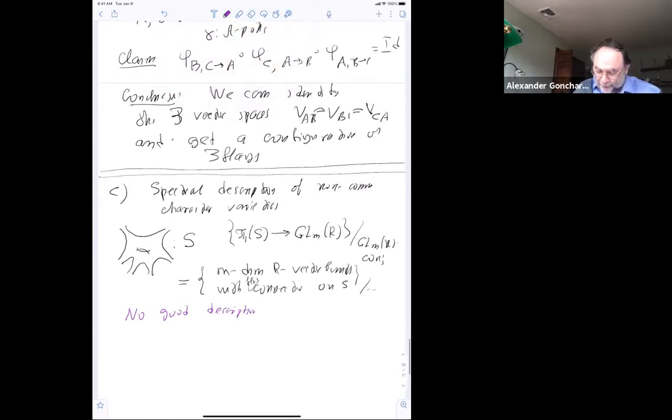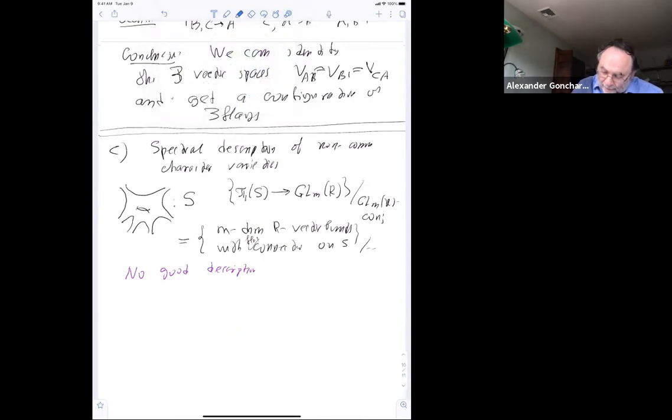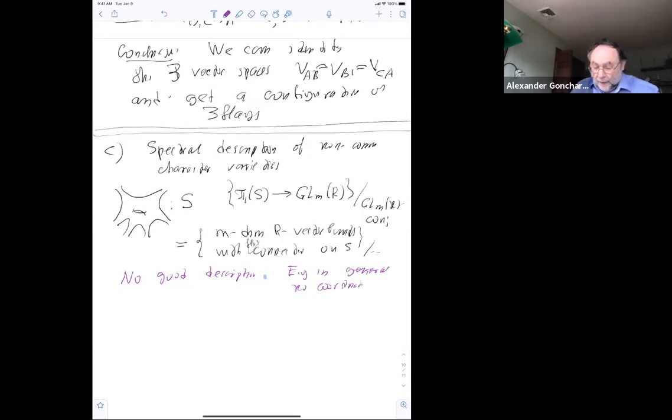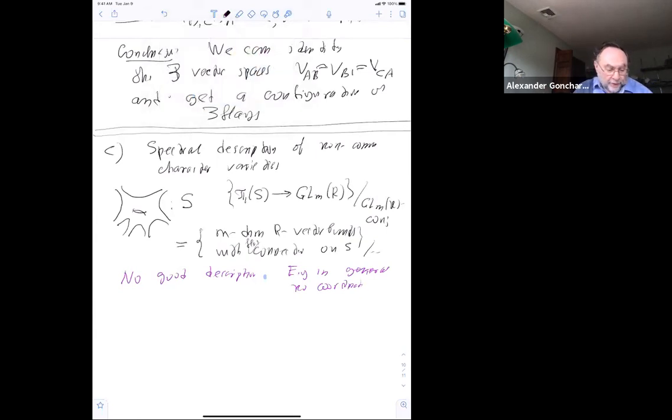I mean, you can disagree, but there are no coordinates at least. The reason there are no coordinates in general is because it's non-rational.